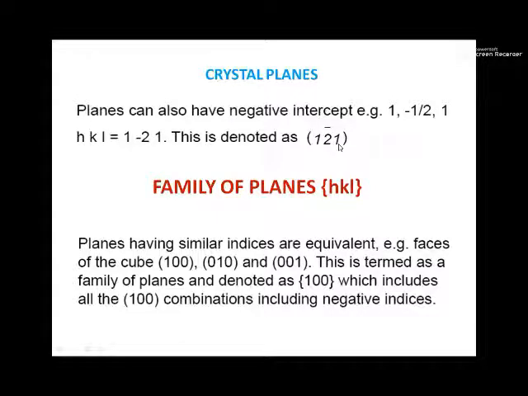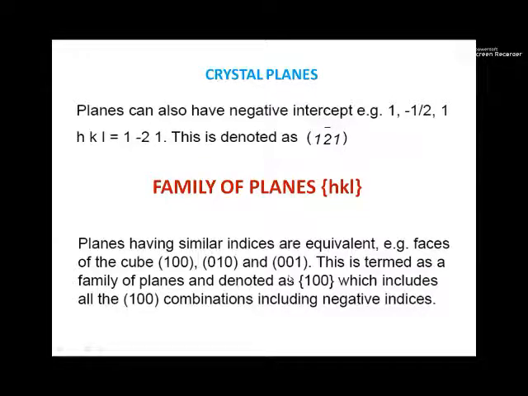Now there exists some family of planes. The family of planes means the equivalent planes which basically make this geometric figure complete. So as I see here, for a cube there are 3 faces, which are represented by 1 0 0, 0 1 0, and 0 0 1.